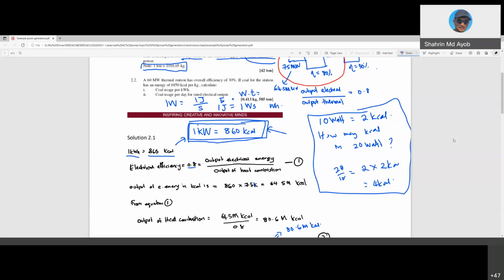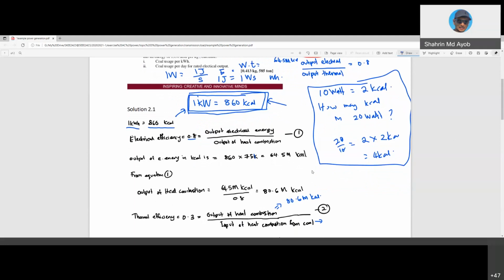So just to clarify, you can use 1 kilowatt hour, but at the end of the question, this hour will be cancelled out because you are actually calculating in hour.